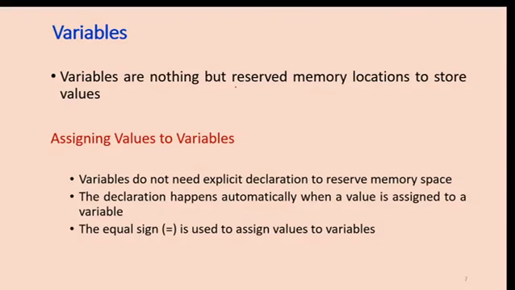The declaration, memory allocation, initialization, everything will be done automatically in the single statement a equal to 10. We need not explicitly specify the type of the variable. By seeing the value that is being initialized, the data type will be automatically identified. And the equal to operator is used to assign values to variables.